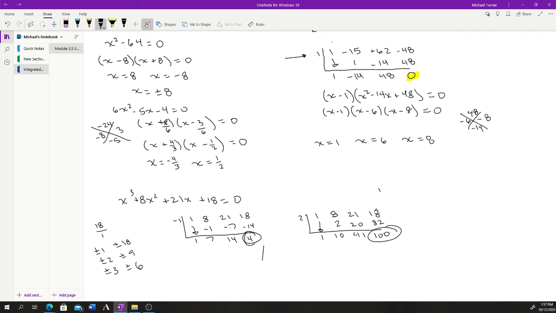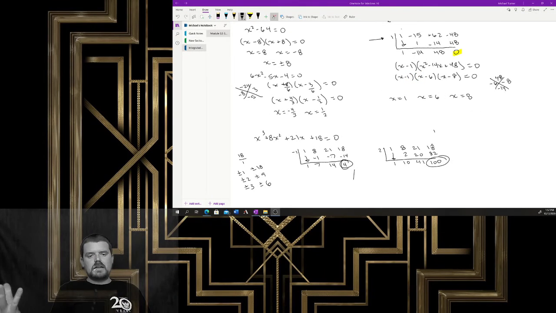So here, a couple things you want to notice. First, obviously we didn't get a 0. That means it's not going to be a factor. Also, notice here that the number continued to grow and increase. If all of your terms are positive, 1, 8, 21, 18, for this to work, you're going to need to plug in a negative number.